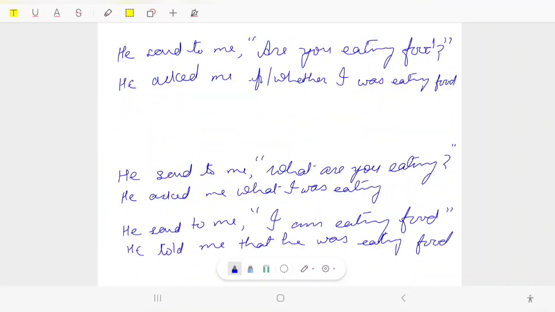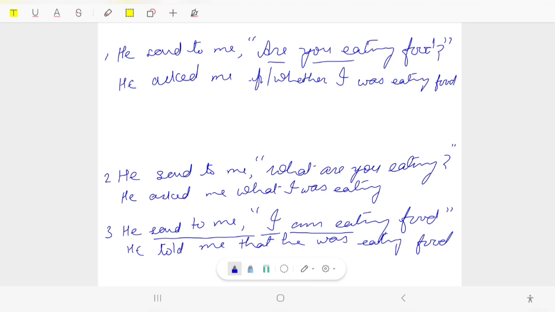Now let's look at the next example, and you will find some difference here. Till now we were reading sentences like example number 3. Now let's look at sentences like these. For this purpose, I would like to say that you should have a little bit of knowledge about types of sentences.